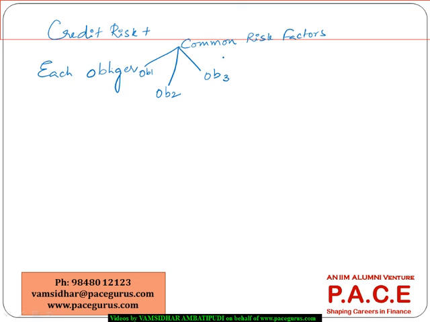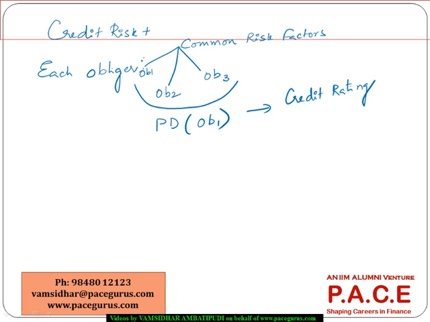Each obligor will have a different level of sensitivity to each of these factors, and from here I compute the probability of default for each obligor. I go based on the credit rating associated with each one of them, along with the sensitivity each one has with respect to the common risk factors.